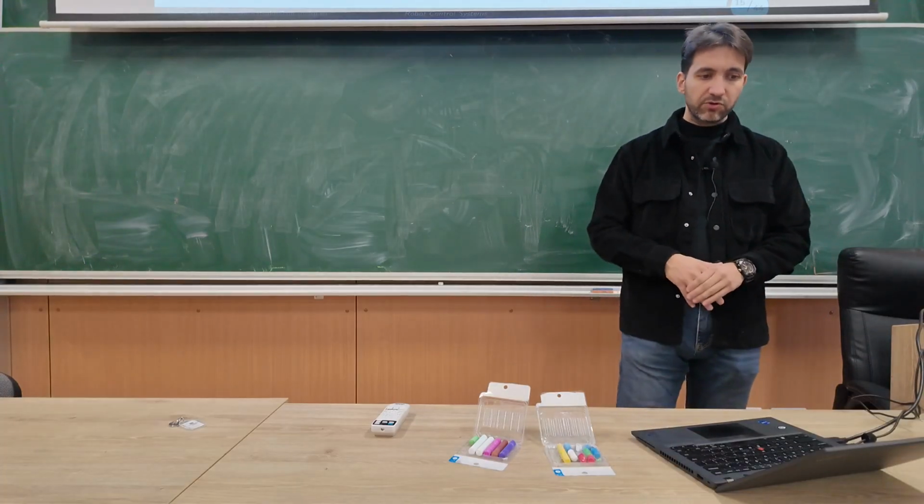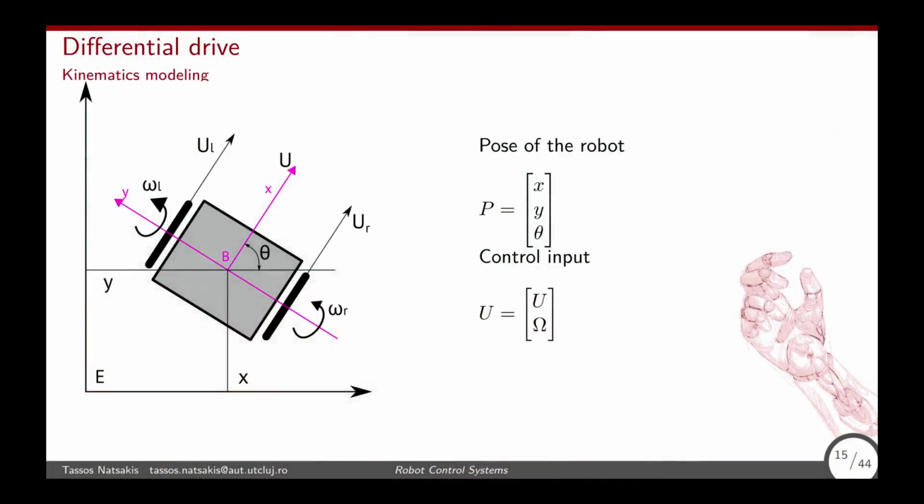Let's describe this pose with some nice letters. So we'll talk about the pose in a world frame, in a fixed frame, earth frame. I think that's why I call it E. So I'll talk about the XY position of one part of the robot, typically the center of the robot.